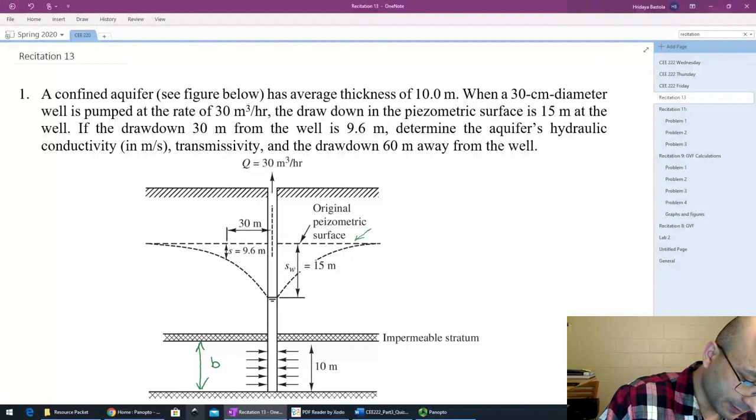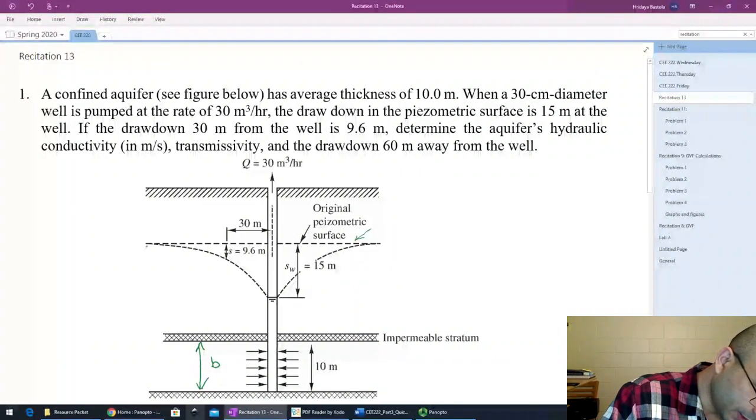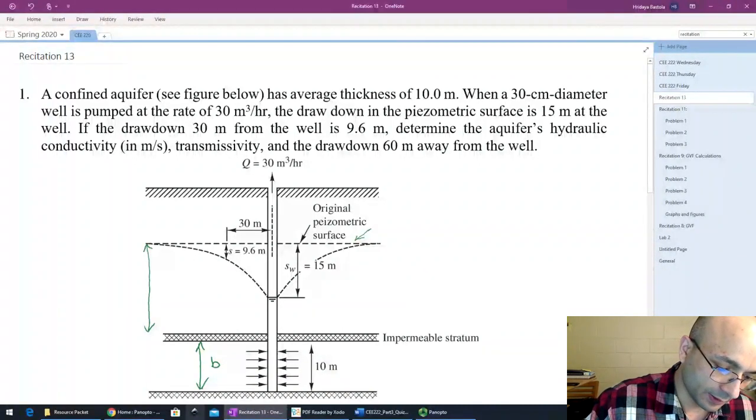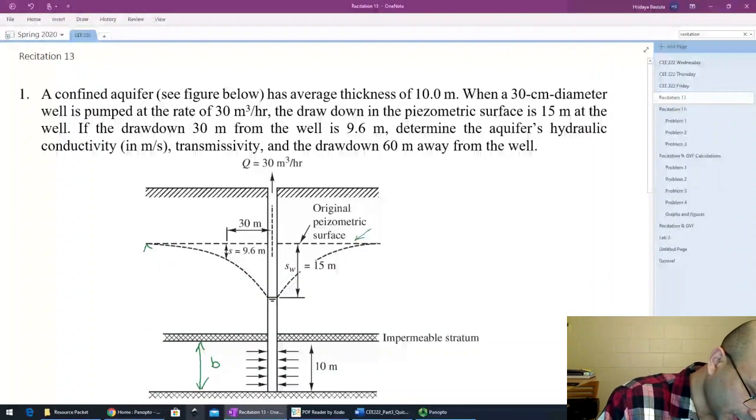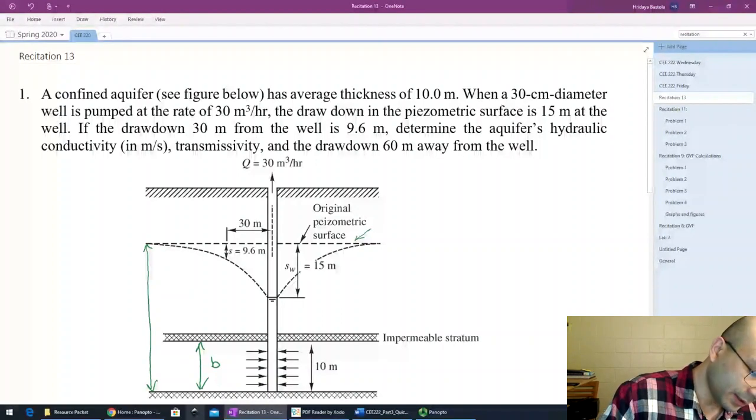So let's define a couple of other variables that we use. The entire height of the piezometric surface, actually measured from the bottom of the aquifer, is your H0.